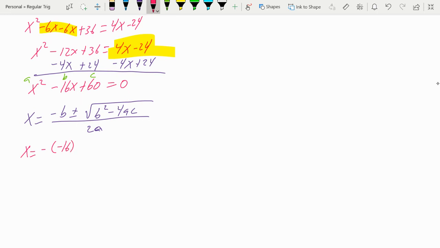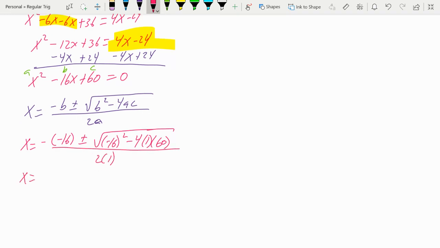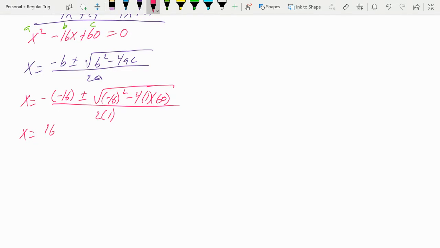So I have those two negative signs, plus or minus, negative 16 squared in parentheses, 4 times 1 times c is 60. The whole thing over 2 times 1. All right, so I have x is equal to positive 16 plus or minus. Again, I'm just grabbing my calculator. I'm just typing all that in. Not going to use the square root sign, but I'm just going to type everything in.